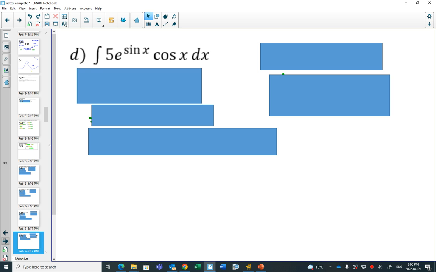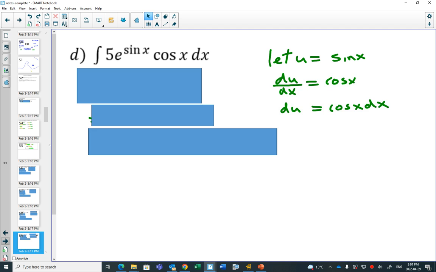So the derivative of sine x is cos x. So that's the recognition you have to get good at. So what do we need? We need to be good at our derivative rules to be able to recognize these things. We have to be good at recognizing functions inside of other functions. So now I'm going to let u equal sine x, and its derivative is cos x, so we can replace cos x dx with du.